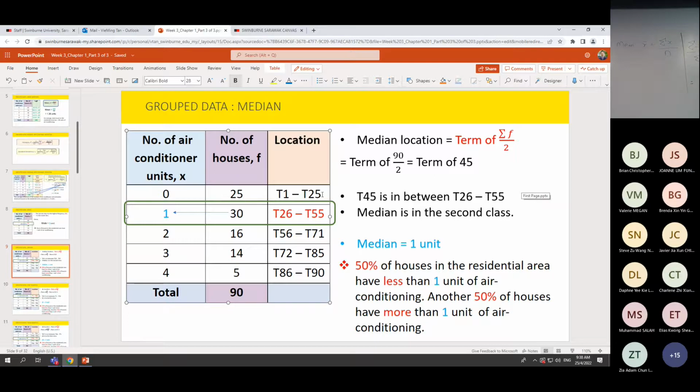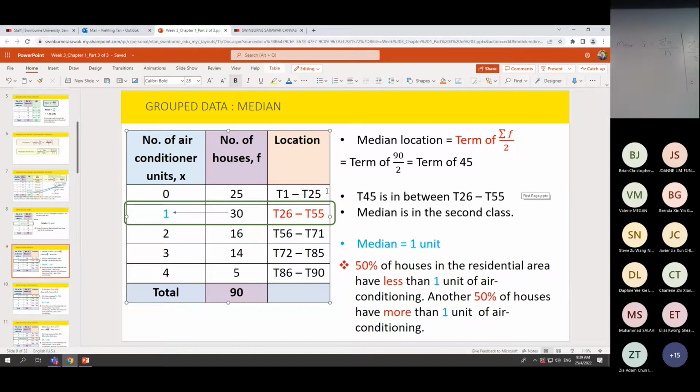That will be term 1 until term 25. How to get T1 to T25 is from this frequency column, 25. T1 to T25 are in the first class, with 0 aircon.